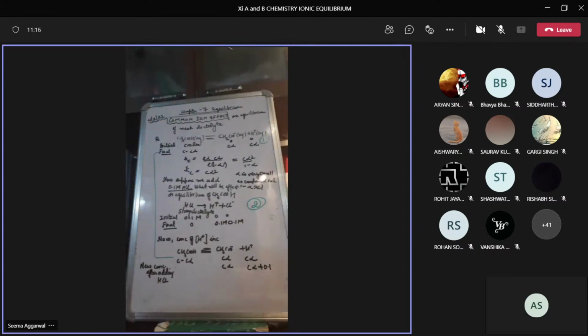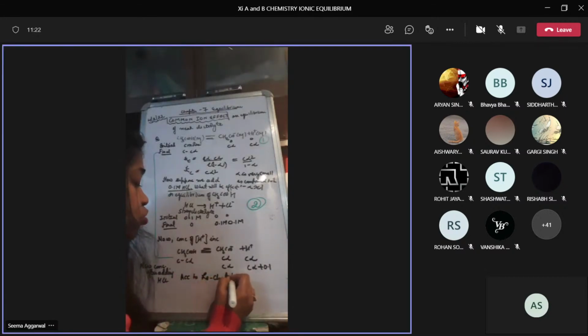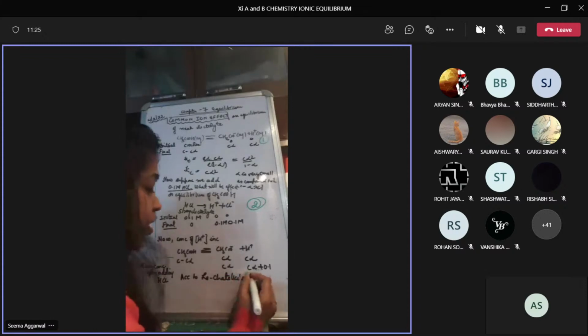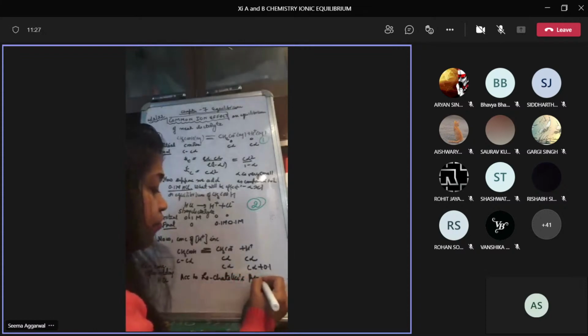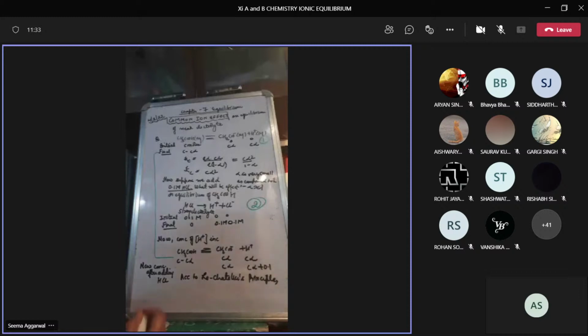So what does Le Chatelier's principle say now? What happens according to Le Chatelier's principle? If I am disturbing the equilibrium, what happens? It will try to minimize the effect. Yes. If we increase the concentration of H plus ion, I am writing each and every line so that the topic is clear to you.